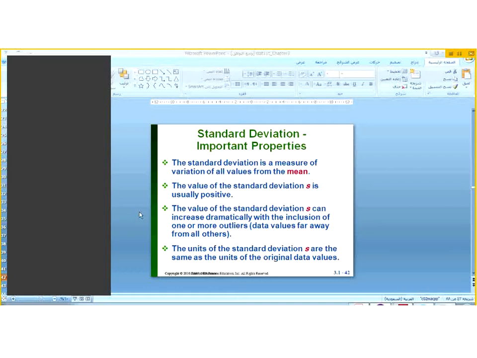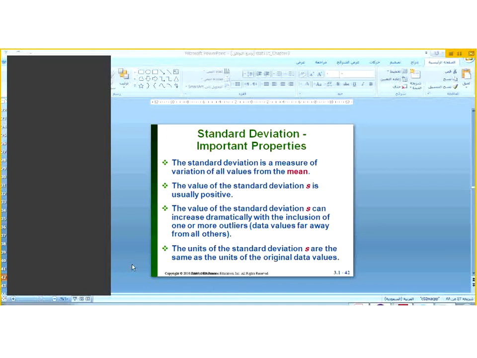Mean, median, yes. What else? Mode, mid-range.